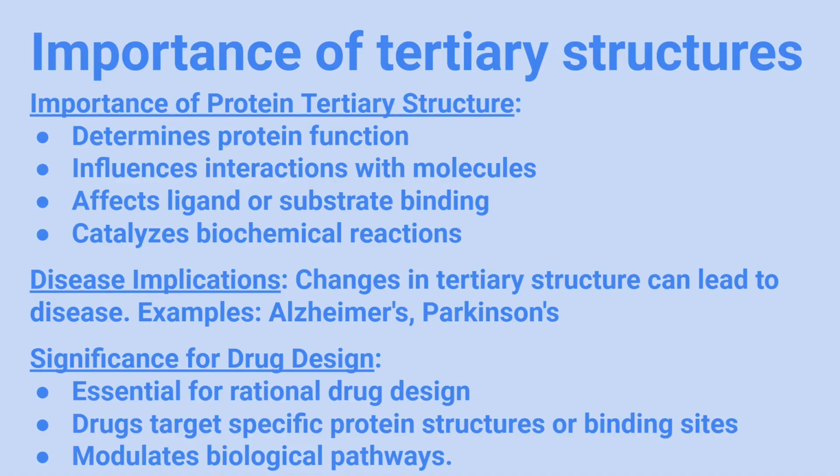Changes in protein tertiary structure can lead to alterations in protein function and may underlie the development of diseases such as misfolding diseases like Alzheimer's and Parkinson's. Understanding protein tertiary structure, then, is essential for rational drug design, as drugs often target specific protein structures or binding sites to modulate biological pathways and treat diseases.